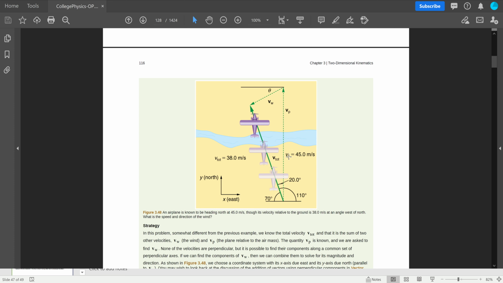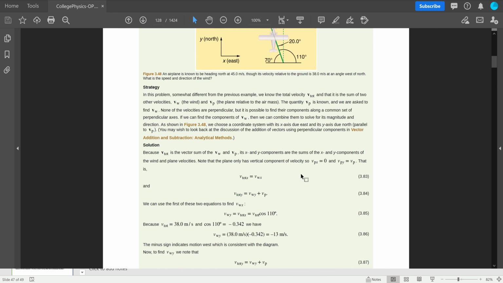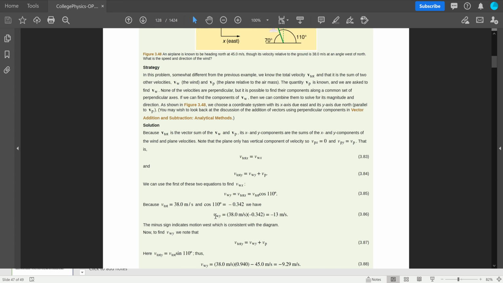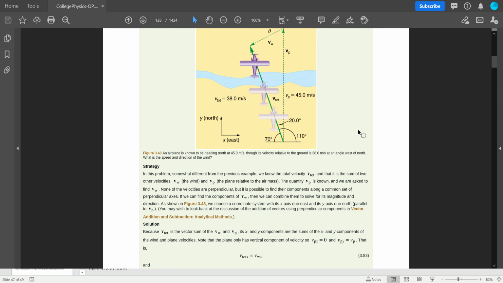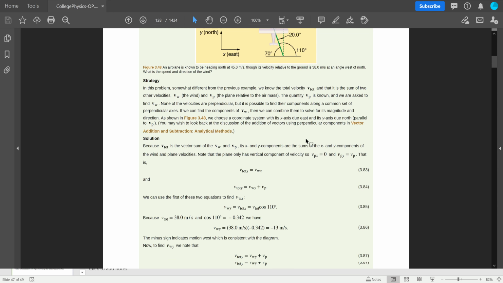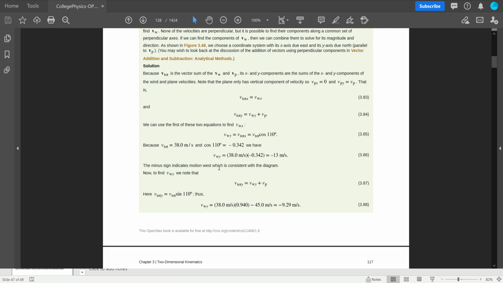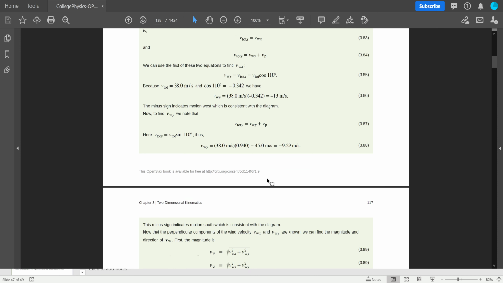And because we know that our V of the airplane is in the y direction completely, we have our wind direction to account for. Our wind direction here is negative 13 meters per second because remember, it's trying to push the whole airplane to the left. So our V total in the y is our V of the wind in the y plus our V of the airplane.